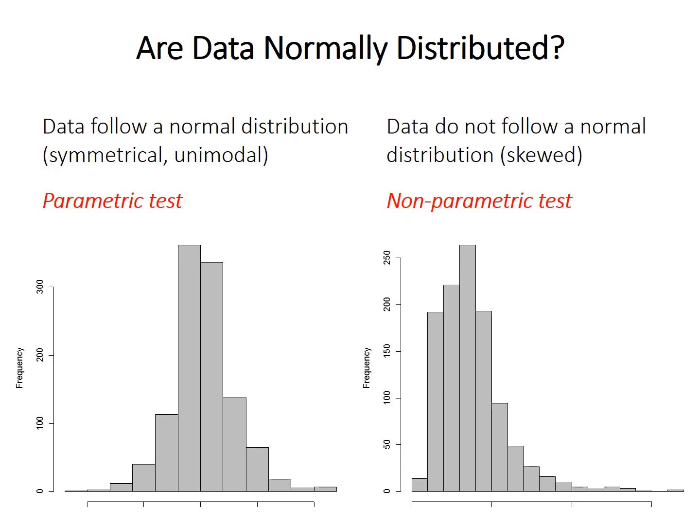If your data are not normally distributed, and especially if the data are skewed, which means not symmetrical, with the peak not in the middle, as shown here, you should run a non-parametric test. Again, we will discuss specific examples of these sorts of tests in future videos.